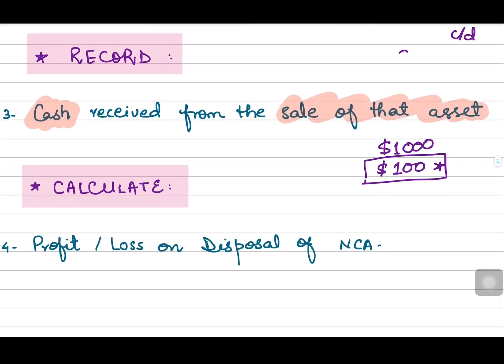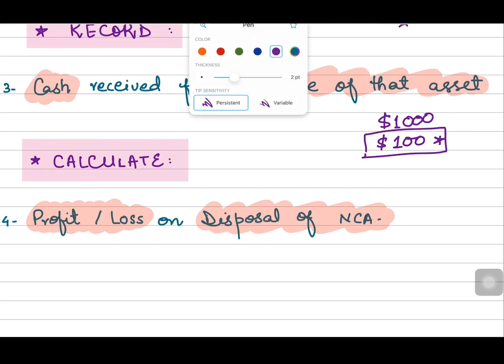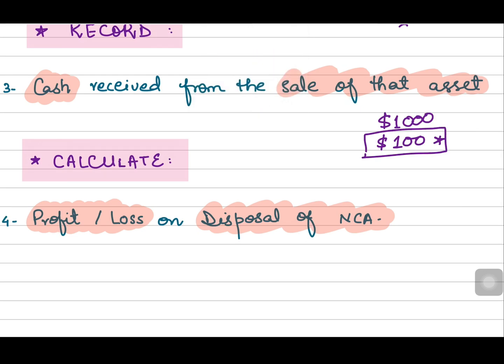And lastly, we have to calculate something as well, and that is either there will be a profit or there will be a loss on this disposal of non-current asset. When is there a profit on the sale of a non-current asset? There can be a profit if you are selling that asset at a price higher than its net book value.